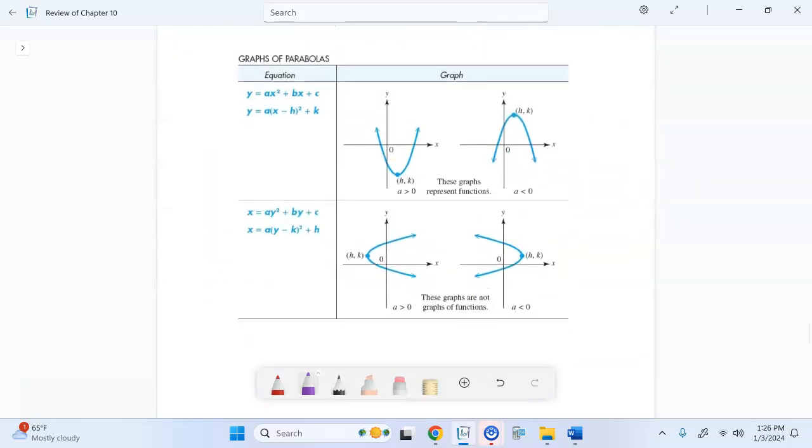This slide here just covers the general features of our parabolas with the equations. Our vertical parabolas, the vertical axis, those are going to be our x squared equations. We also have another one that we're going to see more, which is vertex form.